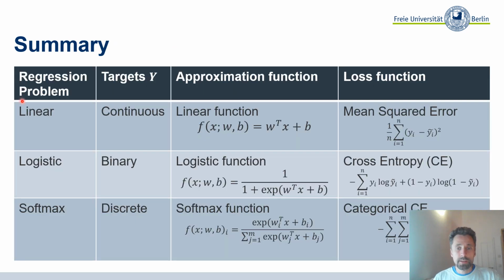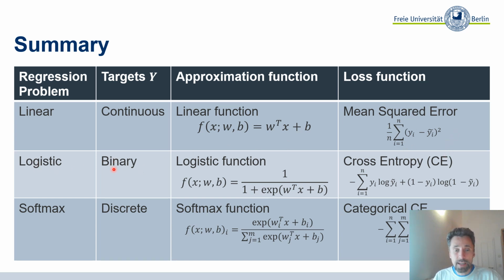So to summarize, today we've looked at linear regression, where we have continuous labels in a very simple model with parameters w and b, and we've optimized the mean squared error with the pseudo inverse, which is like this and not iteratively like we've seen in the logistic case.